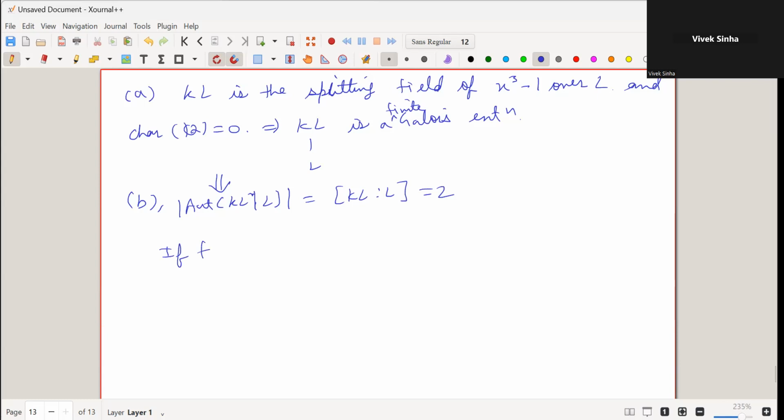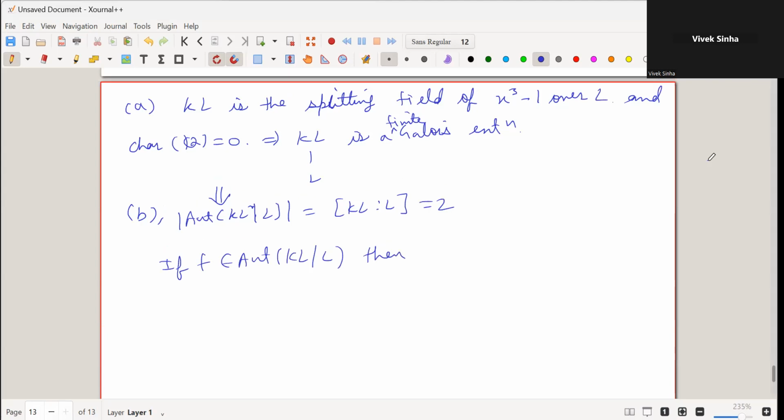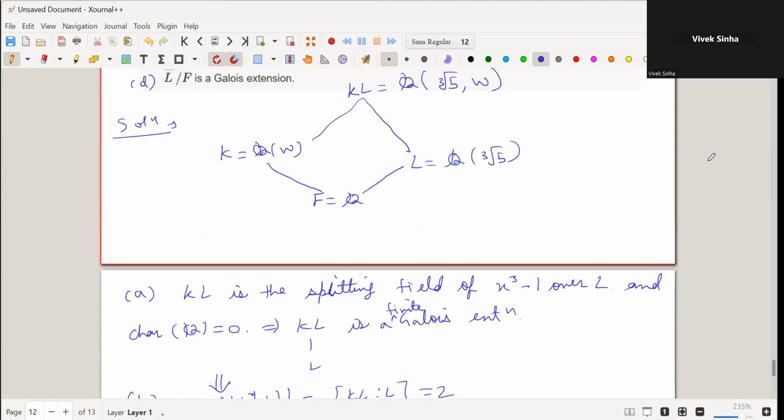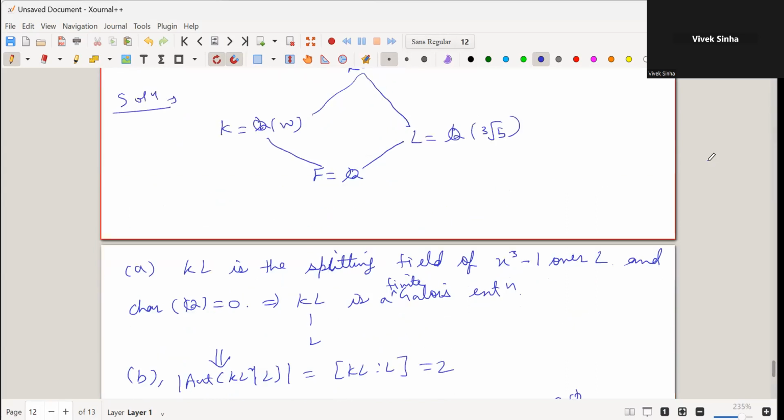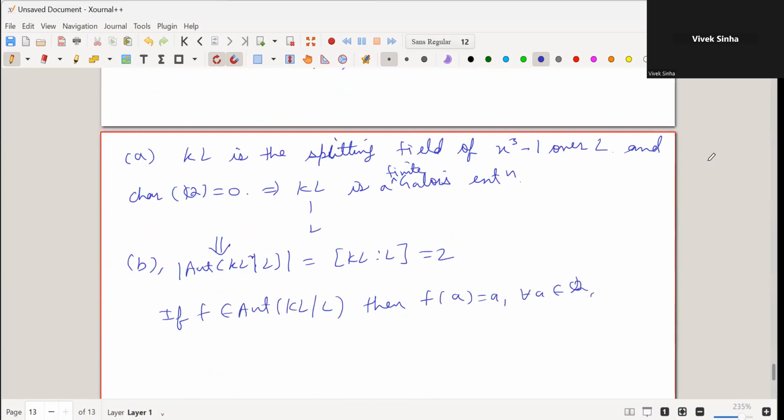If f belongs to the automorphism group of KL over L, then f of a is equal to a for all a belongs to Q. And since it is over L, it fixes the cube root of 5 as well.